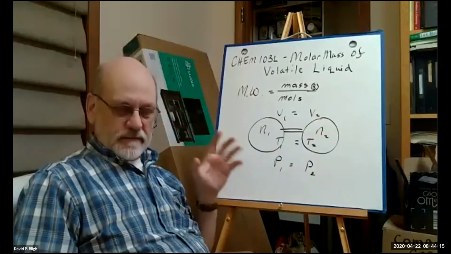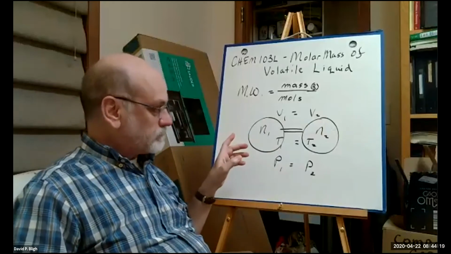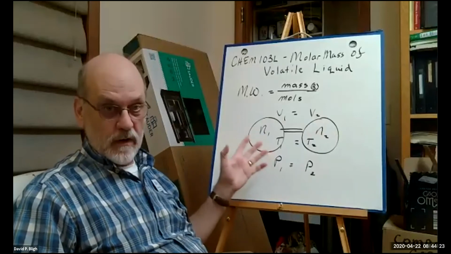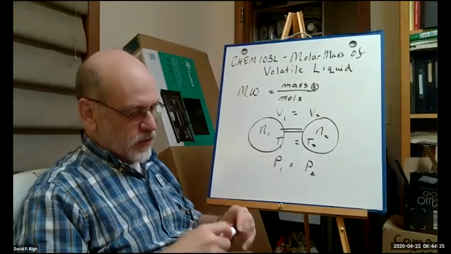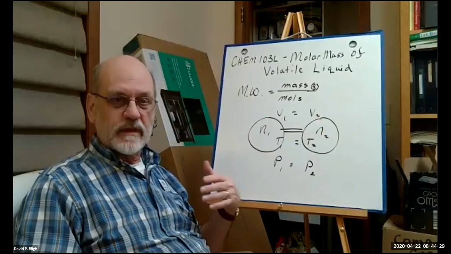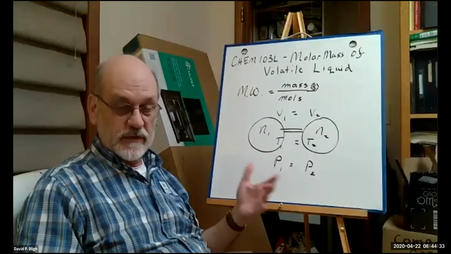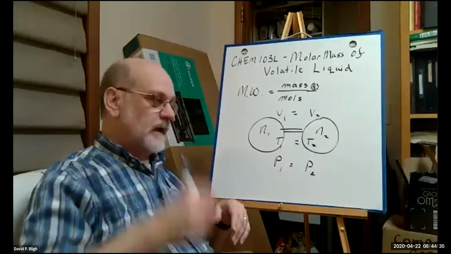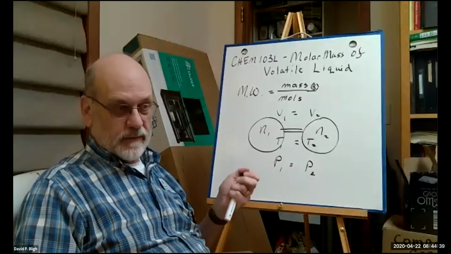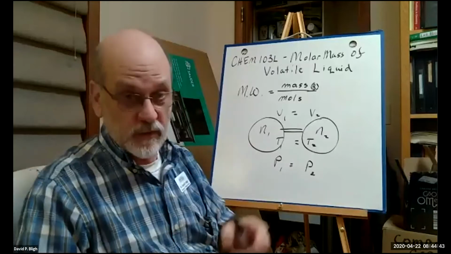So that's the beginning of the story. Others took that and ran with it. One of them, by the name of Cannizzaro, used it to propose a new system for determining the molar mass or molecular weight of various elements and compounds. And it's a good thing he did, because, well, I won't go into those details because we do that in lecture.